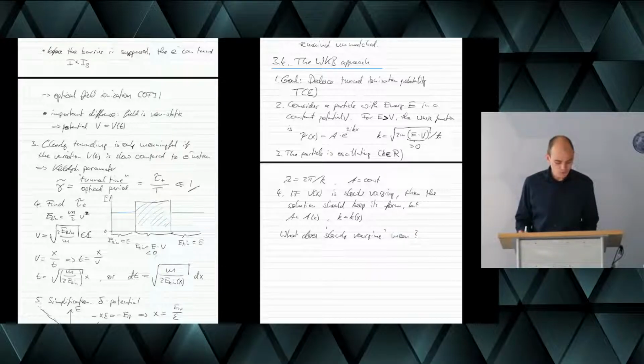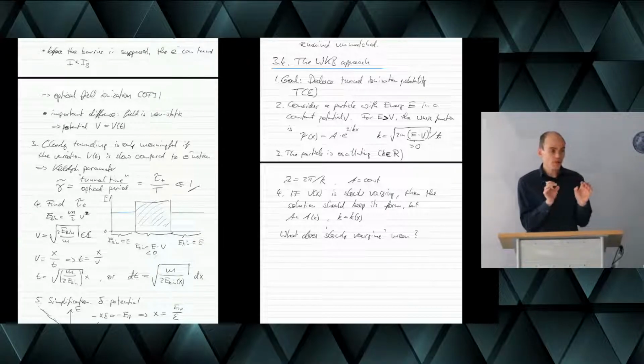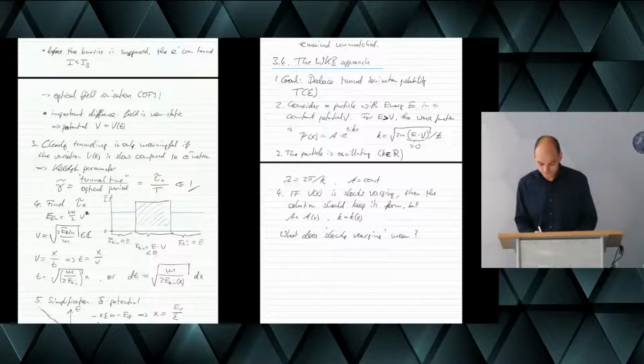The answer would be that the potential doesn't really change on the length scale of the wavelength that the particle has. V of x is essentially constant on the scale of lambda, so V of x is roughly the same as V of x plus lambda.